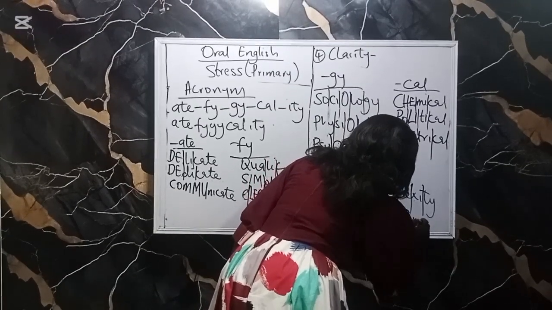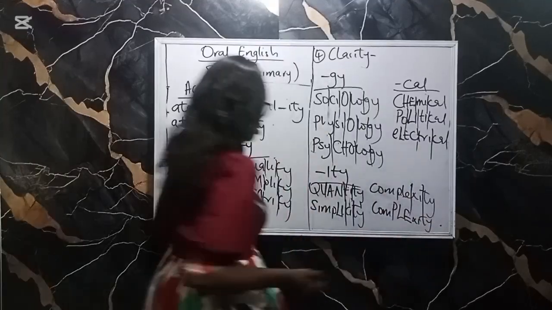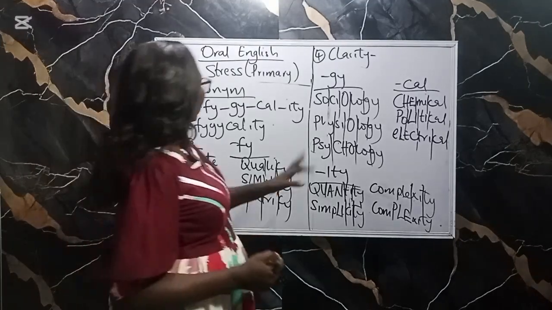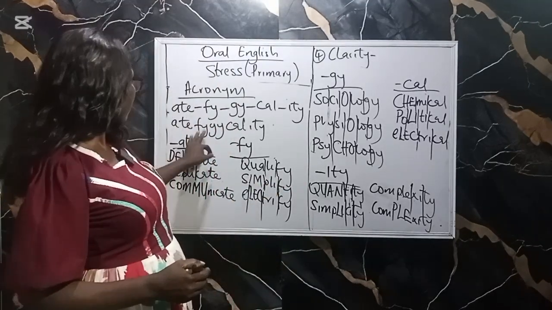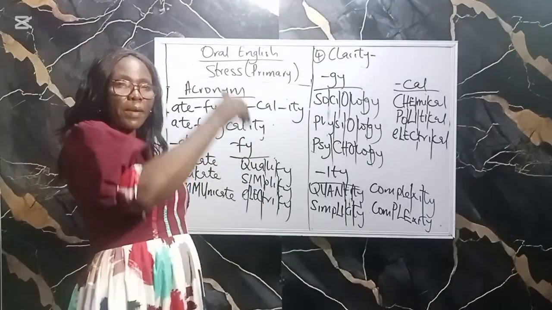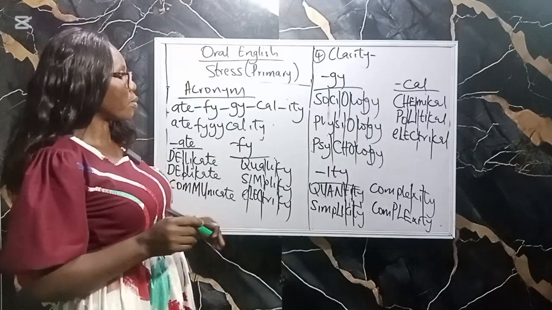So that's it. That is how it goes. You count 3. In all of them, ate, fy, gy, cal, ity, physicality, you count from the back, the third syllable.